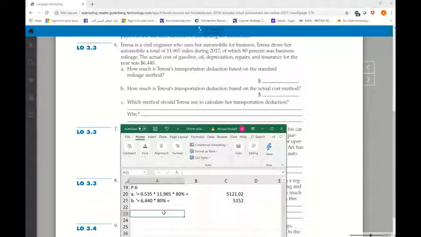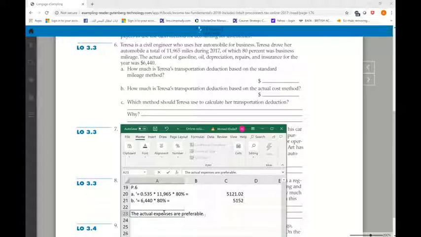So based on this information, the actual expenses method is preferable. Okay.